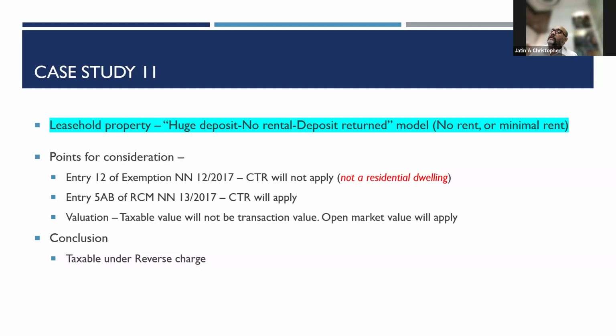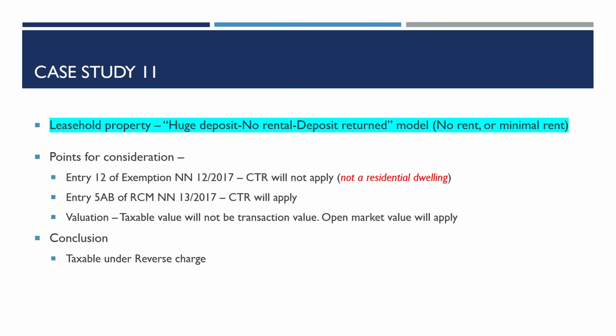See, notional valuation will apply only when 15.4 is triggered. But is 15.4 triggered in all these cases? Notional valuation is all central excise. Yeah, that's right, sir. I'm just trying to analyze whether this particular aspect can get triggered, or we'll have to take the open market value.